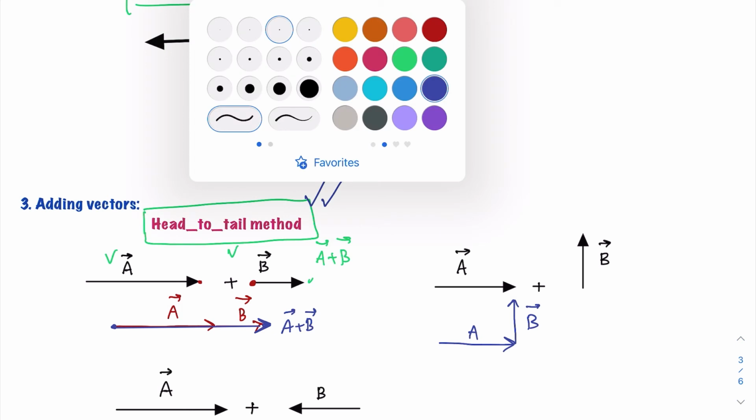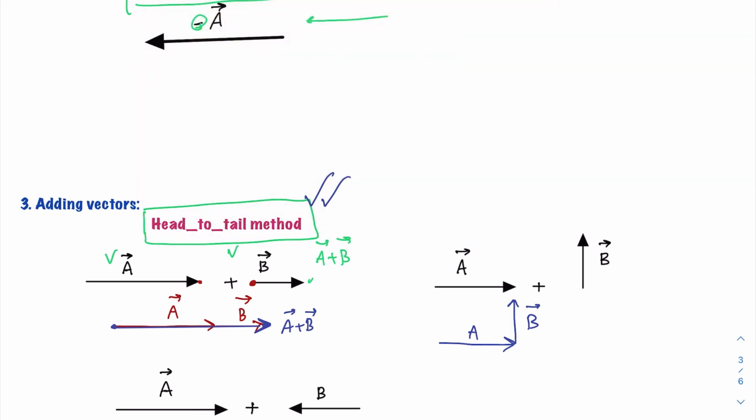Then we start from the tail that we have got here to the head. So we have one tail and one head. So we connect the tail to the head by an arrow, and that will be our resultant vector A plus B graphically.